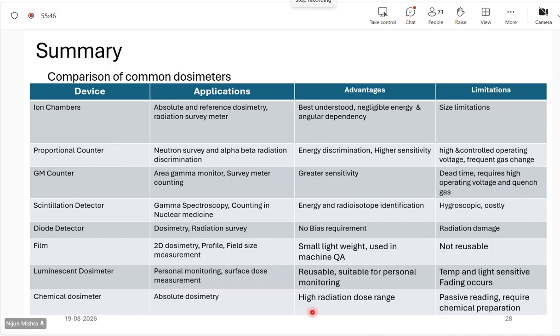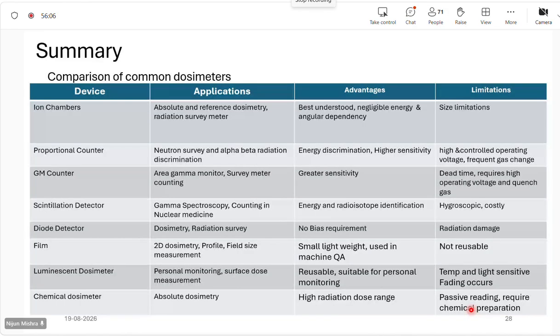After irradiation it also requires time for readout.